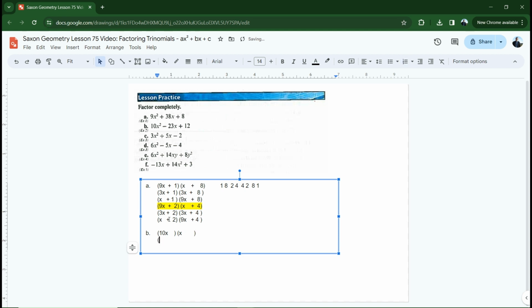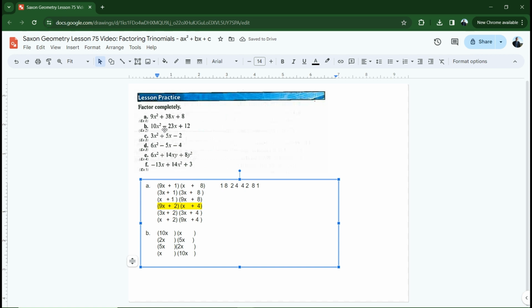Or I could do 2x times 5x would work. And then order matters. So I could also do 5x times 2x, okay? And then I could do x times 10x. These are my different alternatives, my different options for setting this up.